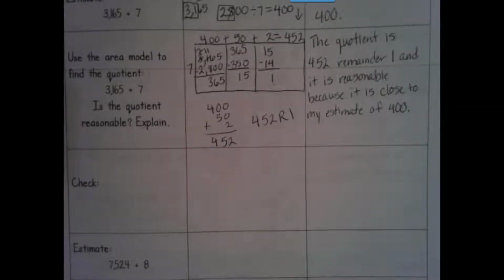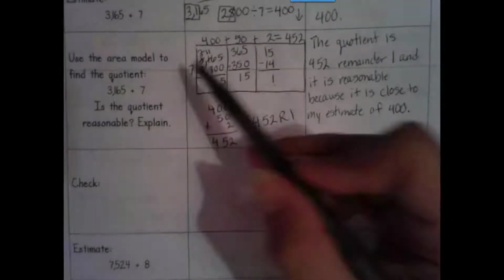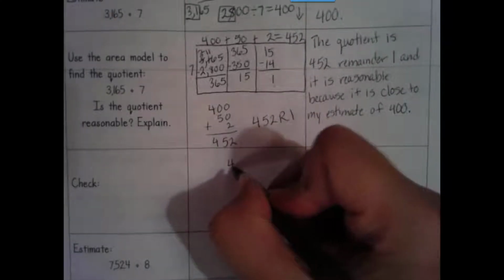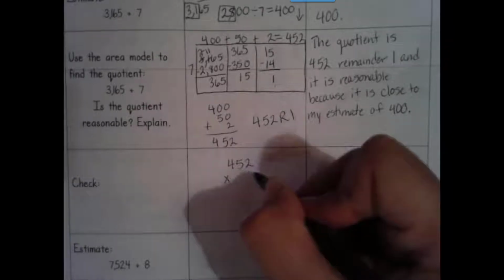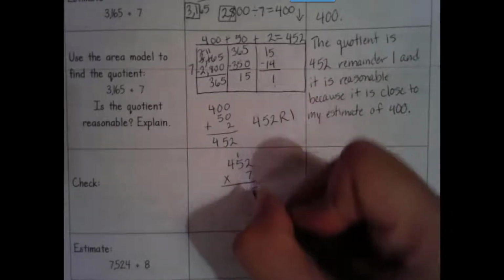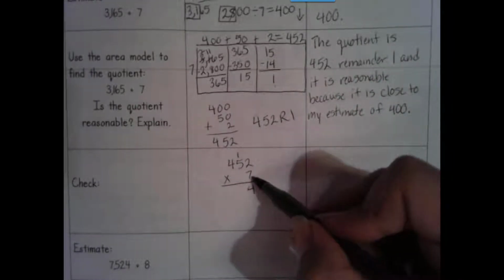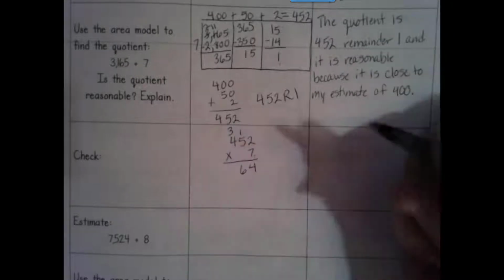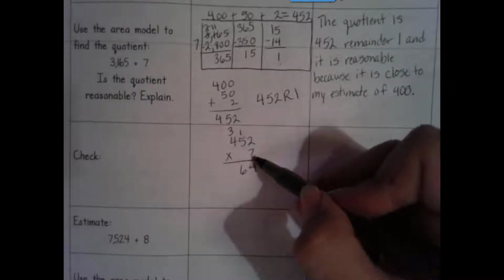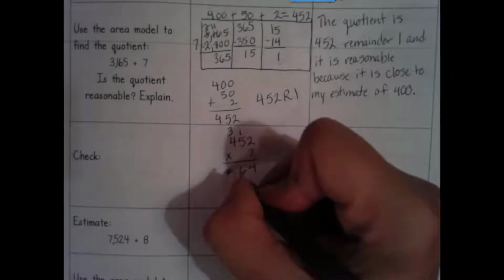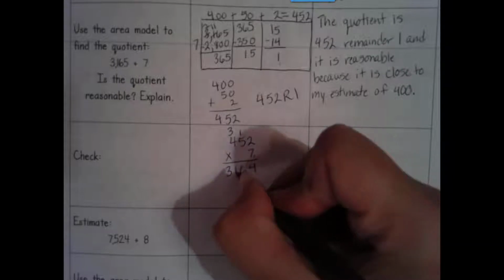Okay, now let's check. To check, it's our divisor times our quotient plus our remainder. So first, our divisor times our quotient. 7 groups of 2 is 14. 7 groups of 5 is 35, plus 1 more is 36 tens. 7 groups of 4 hundreds is 28 hundreds, plus 3 more is 31 hundreds. 1, 2, 3, comma.